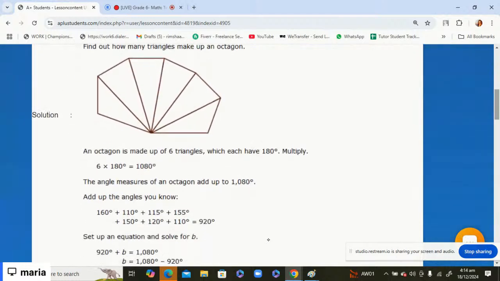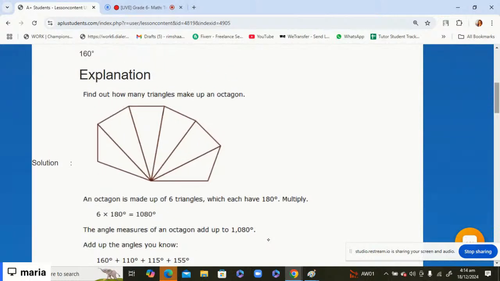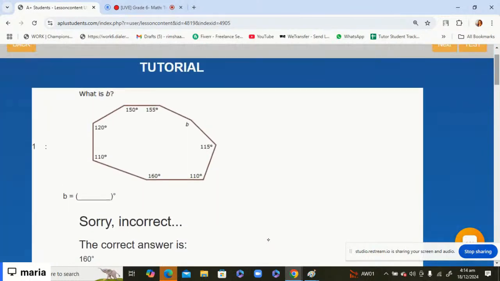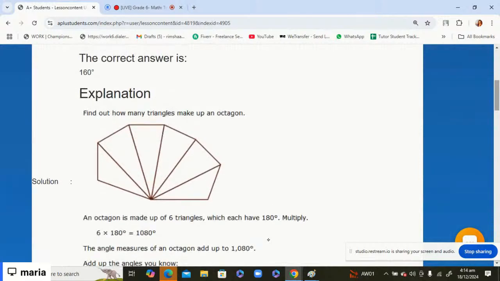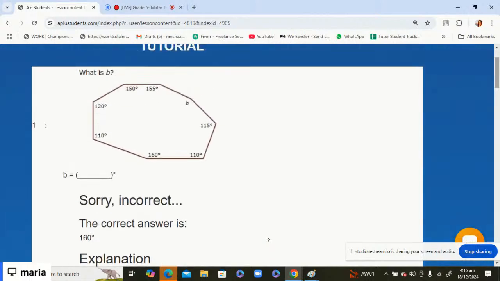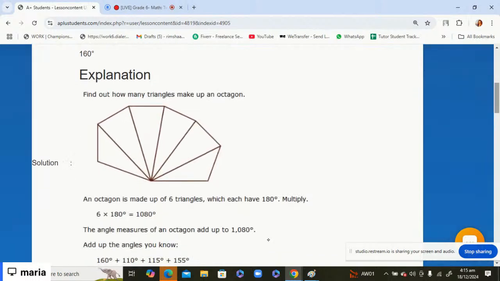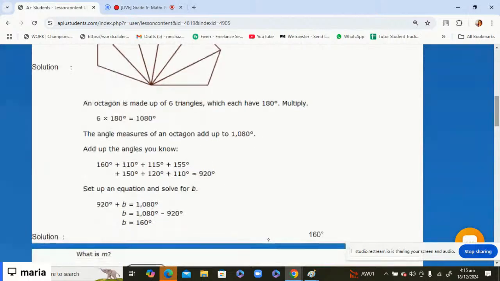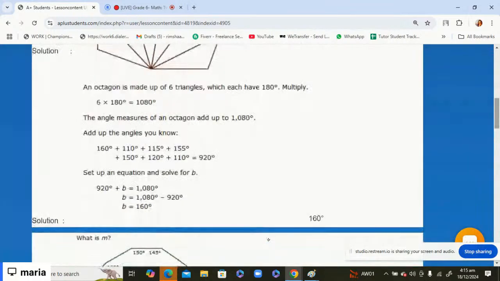As we can see, how many total angles are there if you check from the start? So it's 1, 2, 3, 4, 5, 6. Is it 6? Let's see. 1, 2, 3, 4, 5 and 6. Okay, so this is 6. And your 6 times 180 is 1080.